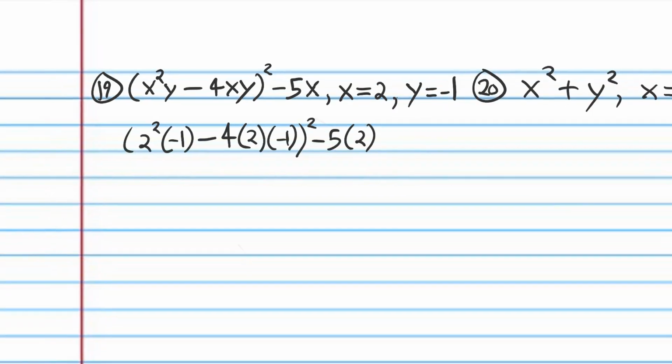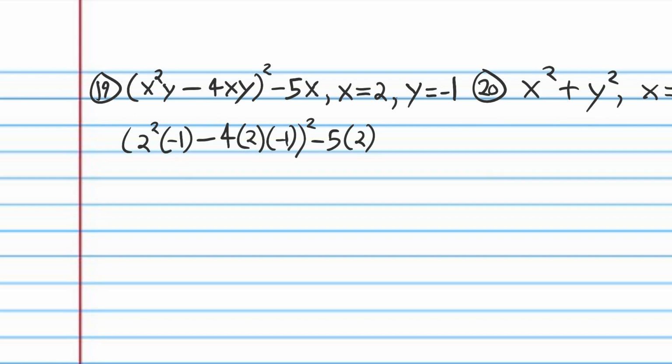All right, so we've got to do the parentheses first. So everything in here first. So 2 to the second power is 4. And -4 times 2 is -8.